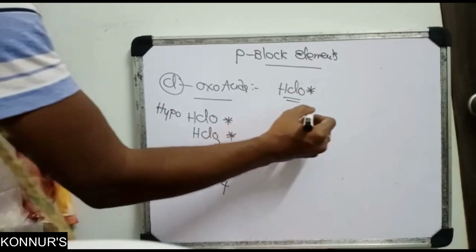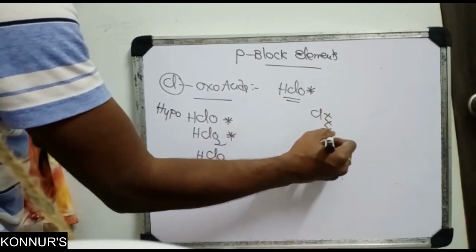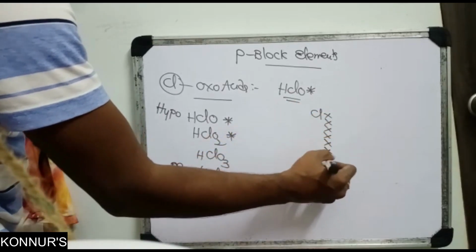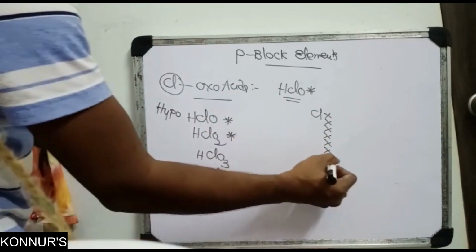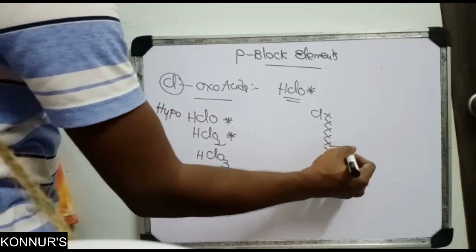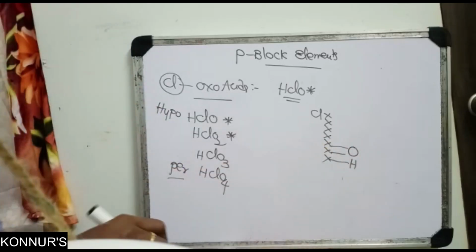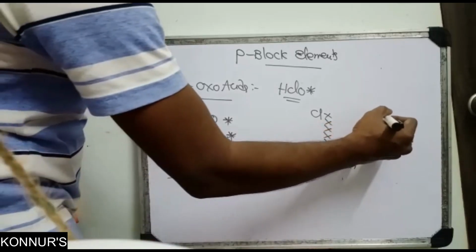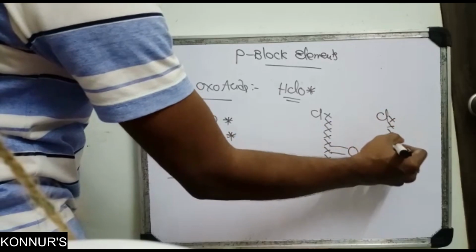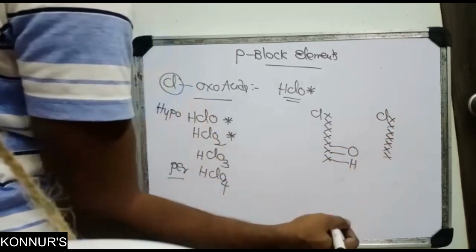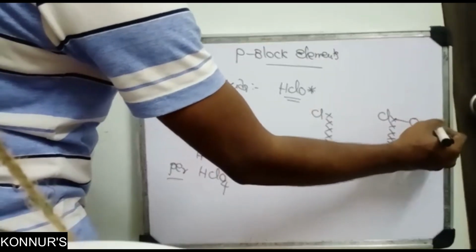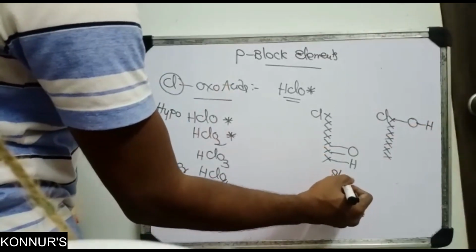It is an ous acid, so more than one structure is possible. Chlorine, you write 4, 5, 6, 7. As an ous acid, minimum one is a hydrogen, another a double bond. So another possible structure: chlorine 1, 2, 3, 4, 5, 6, 7. So 1 OH, and this is the stable one.